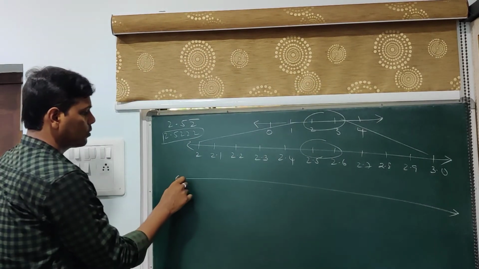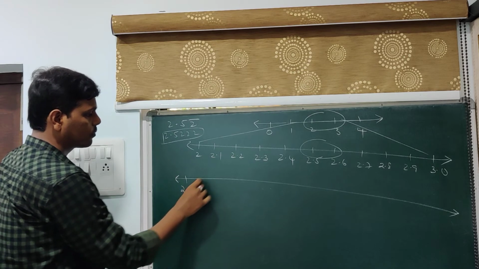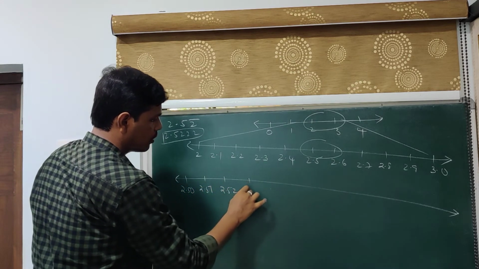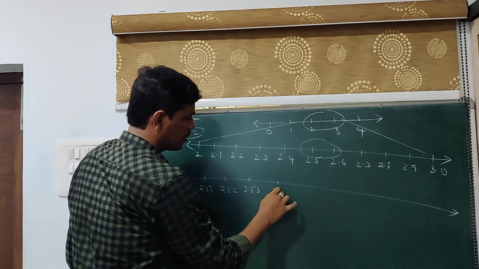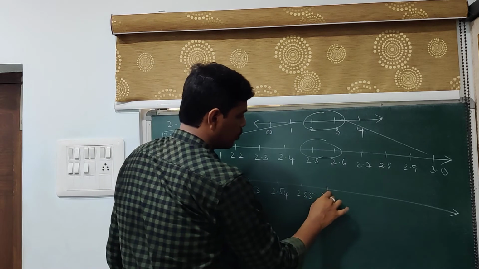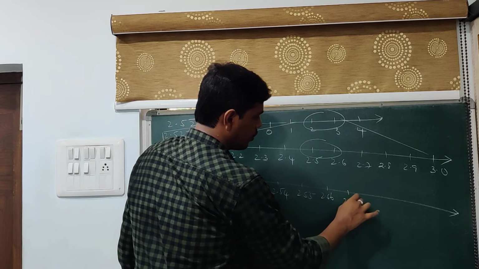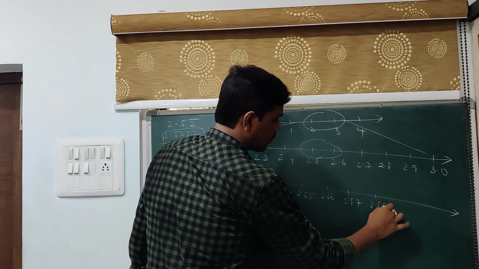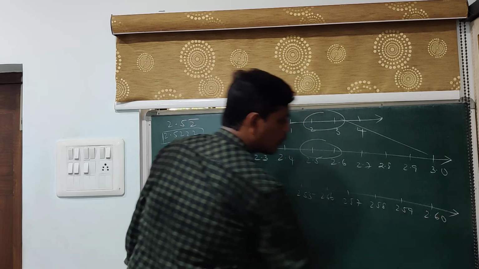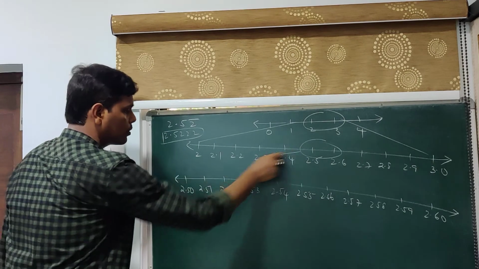So this is 2.50, 2.51, 2.52, 2.53, 2.54, 2.55, 2.56, 2.57, 2.58, 2.59 and 2.60. 2.60, 2.6 both are same. So this is what I am magnifying.